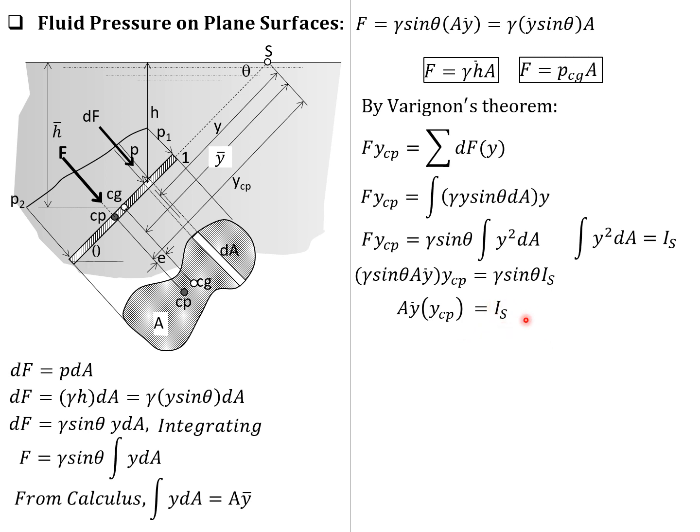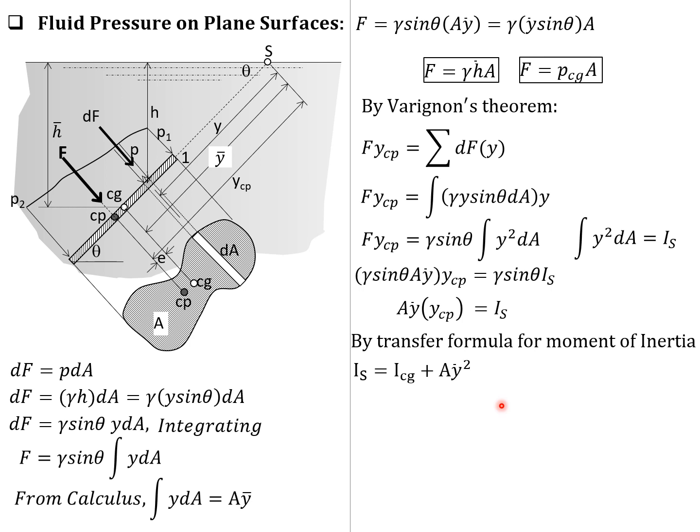Now, we have the transfer formula for moment of inertia of area from statics, and it is equal to the moment of inertia with respect to the centroidal axis plus area times distance squared. So it is I sub CG plus area ȳ squared. So I sub S equals I sub CG plus area ȳ squared.